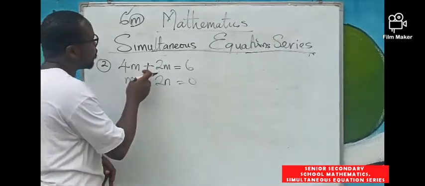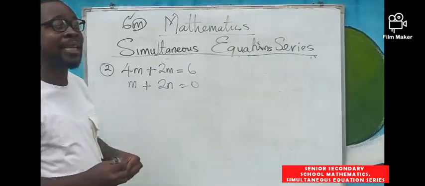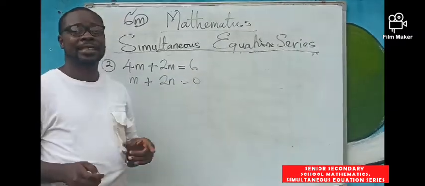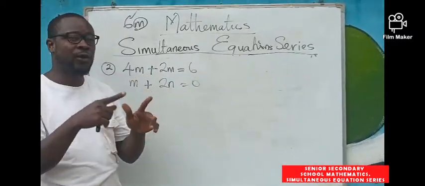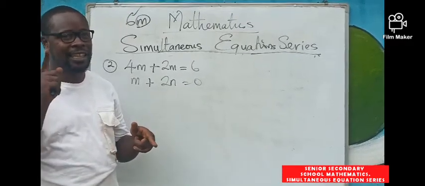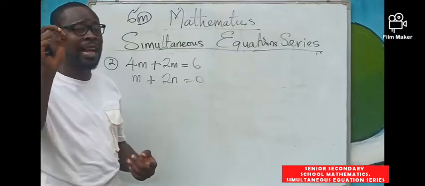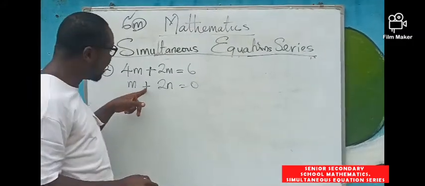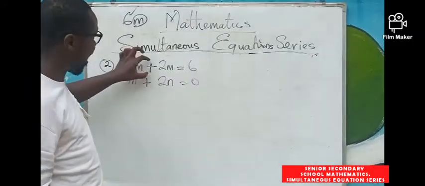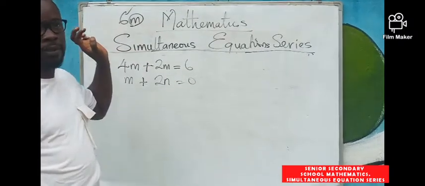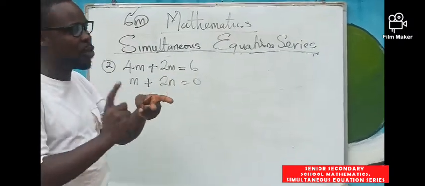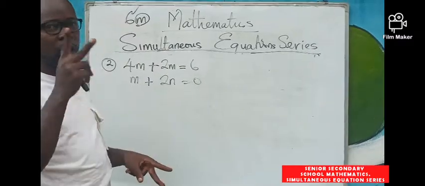Now we have a plus and plus. Now remember, we said that a negative sign in front of a bracket changes the signs in the bracket to the opposite. So we adopt that concept now to change this one, because we want to make sure that we have plus and minus. Remember, we said the two conditions for elimination will be equal coefficients and opposite signs.